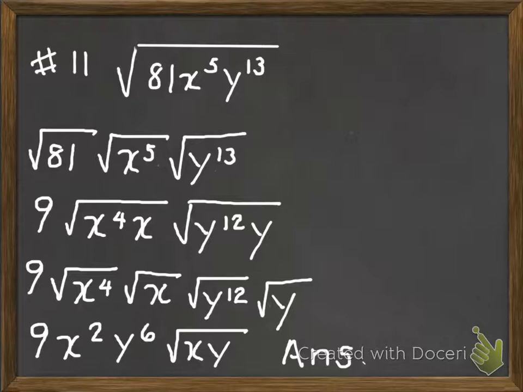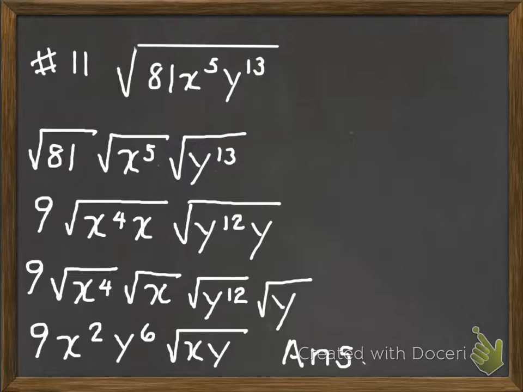To simplify the square root of y to the 12th, y to the 12th being a perfect square, we simplify it by going y to the 12th over 2. 12 over 2 is 6, and that's how we get y to the 6th on the last line.